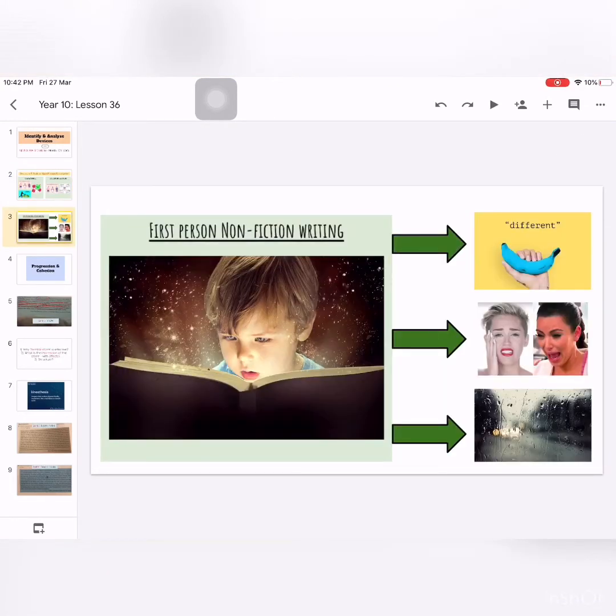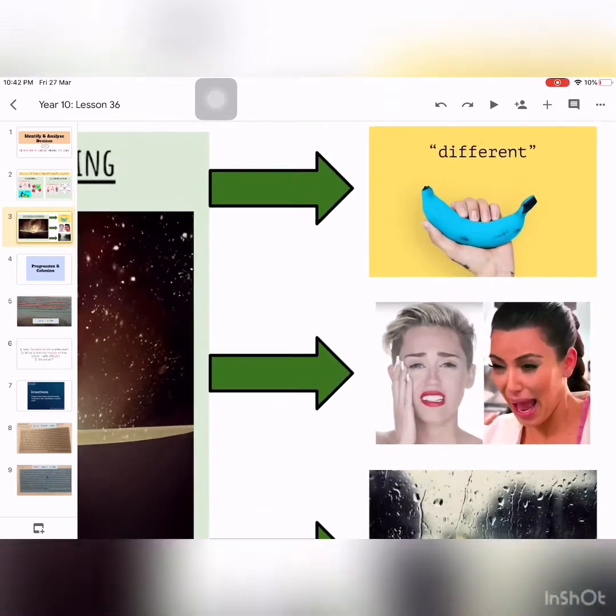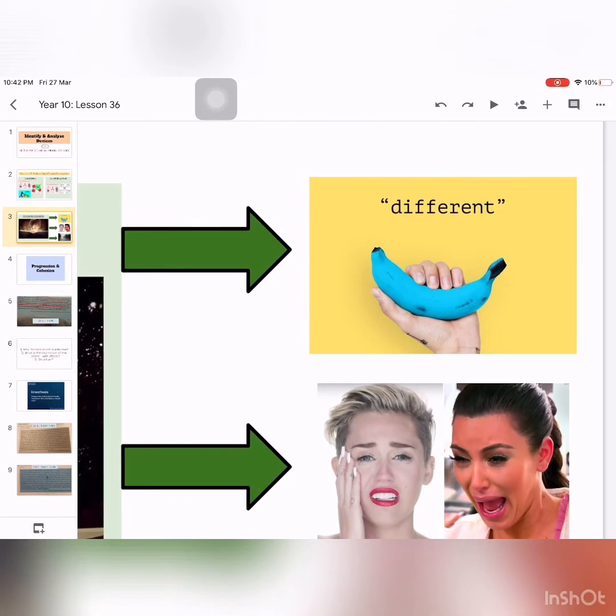So first person nonfiction writing, how to make people impressed, mesmerized, amazed by your style of writing is to use unusual and different words, phrases, sentences. If you use usual and typical mainstream words, they just won't entertain.